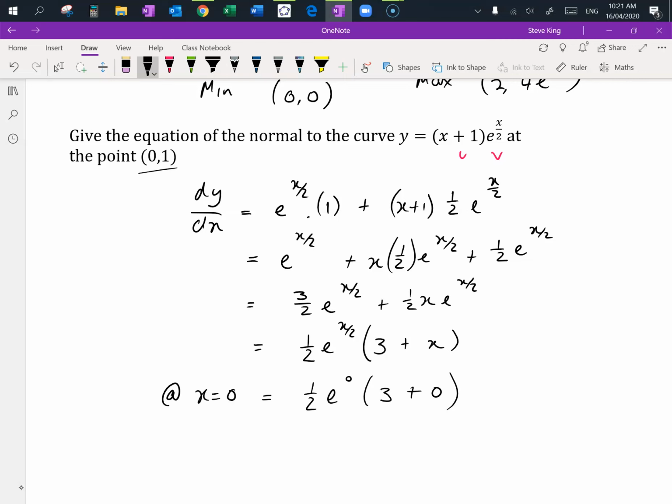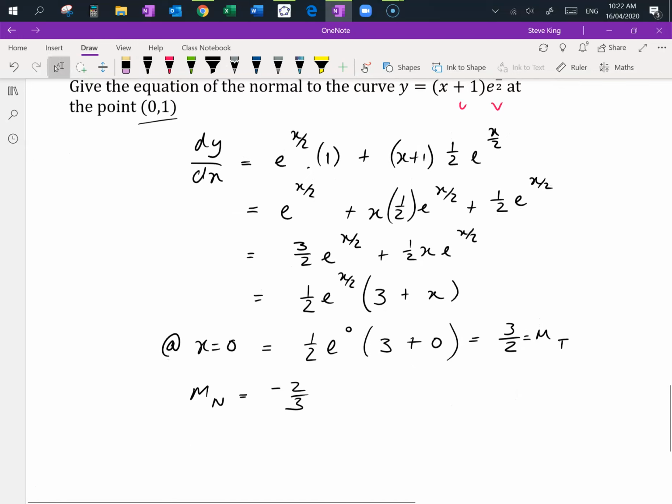In other words, e to the 0 is just 1. So in other words, I've got 3 over 2. So that's the gradient of the tangent. So in other words, the gradient of the normal is going to be the negative reciprocal of that, which is going to be minus 2/3.